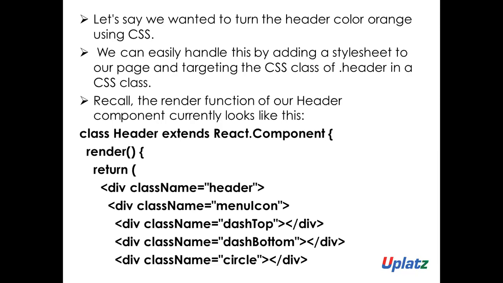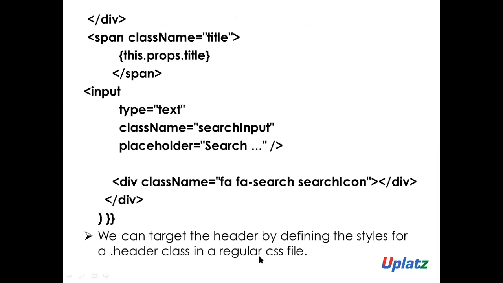Now let's recall the render function of our header component, how it currently looks. Class Header extends React.Component. In render, I'm just returning className header, menu icon, dash top, bottom, circle, title, search, everything.